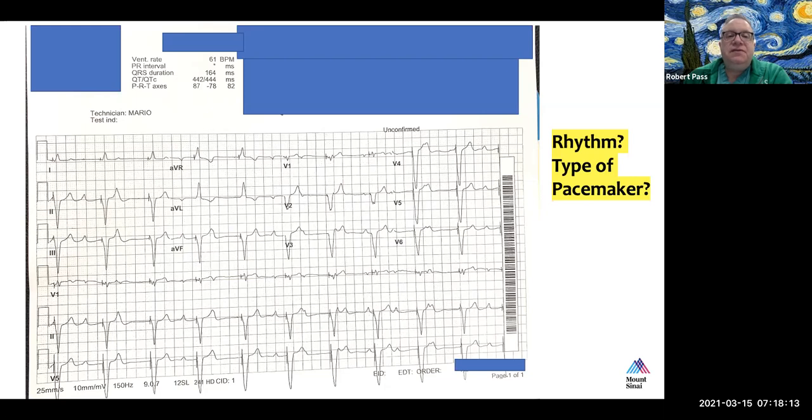Having AV synchrony is very important. It could increase cardiac output by as much as 20 or 25%. However, if you have completely normal ventricular function, it may only be as much as a 5% improvement in cardiac output. And so in terms of cardiac output issues, you probably don't need a dual chamber pacemaker in someone who has normal heart function.